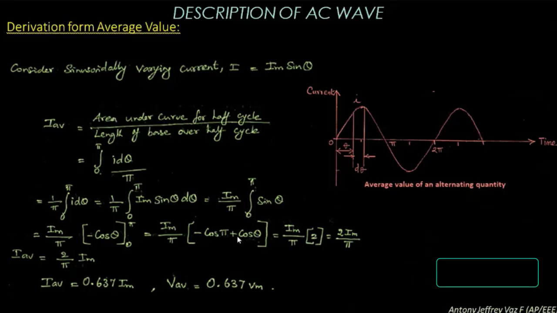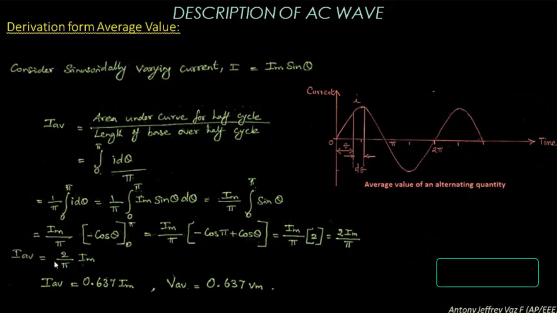Here, minus cos pi is 1 and cos 0 is also 1, so 1 plus 1 gives 2. So Im by pi into 2. The average value is 2 Im by pi.